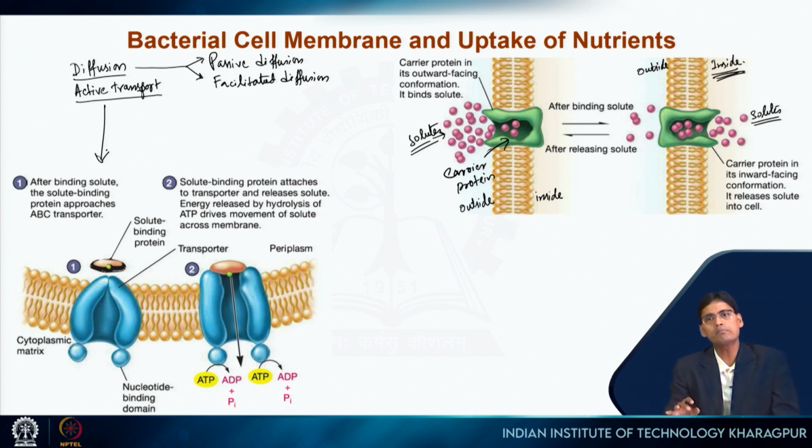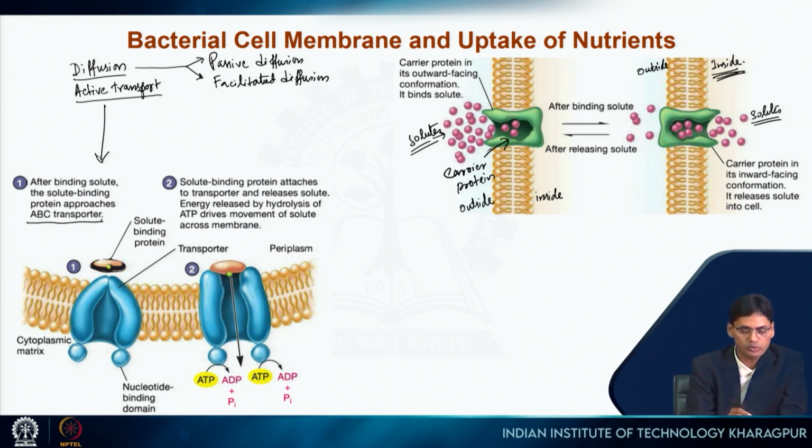This transportation phenomenon is very similar in eukaryotic systems also, right? So here, as you can see, in this plasma membrane, this is particularly an ABC transporter.